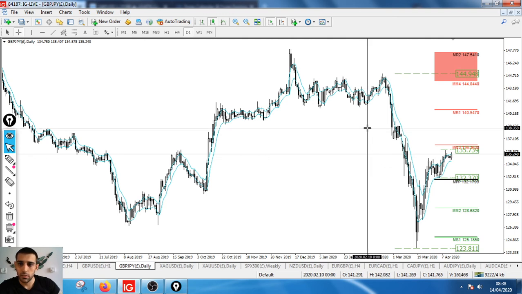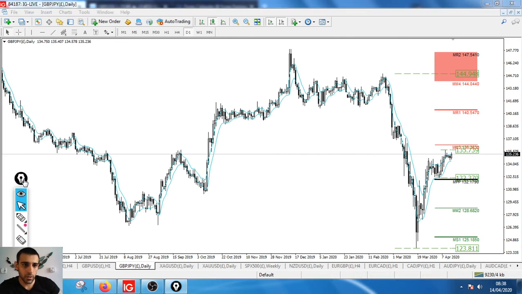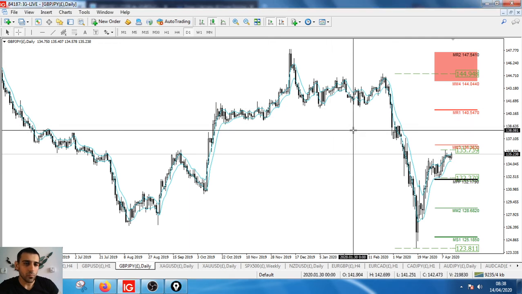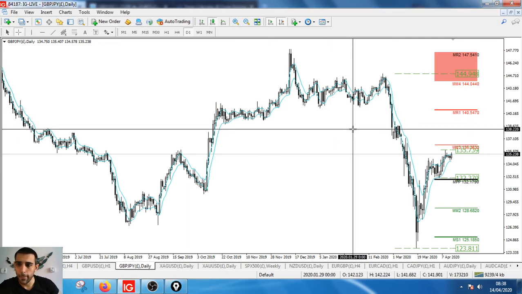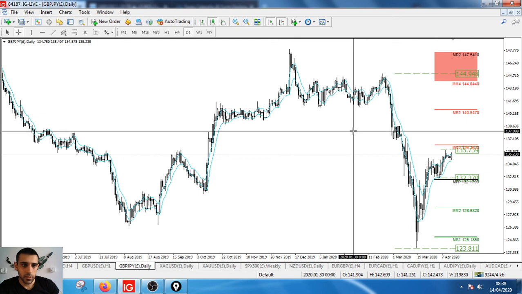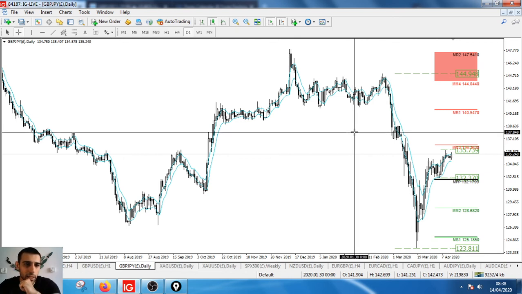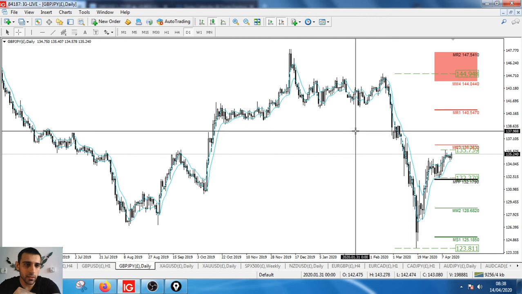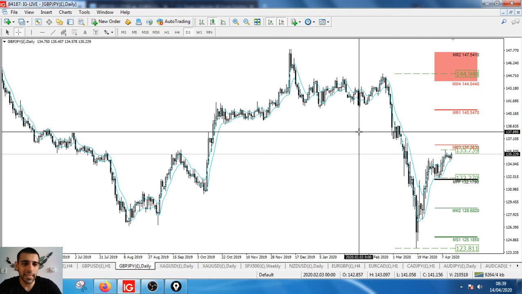we can run it to, this one looks like a good level of cluster. Let me get rid of this one down here. There's a lot of cluster here, 138.00. We have these highs here, 137.95 or 138.00 roughly.